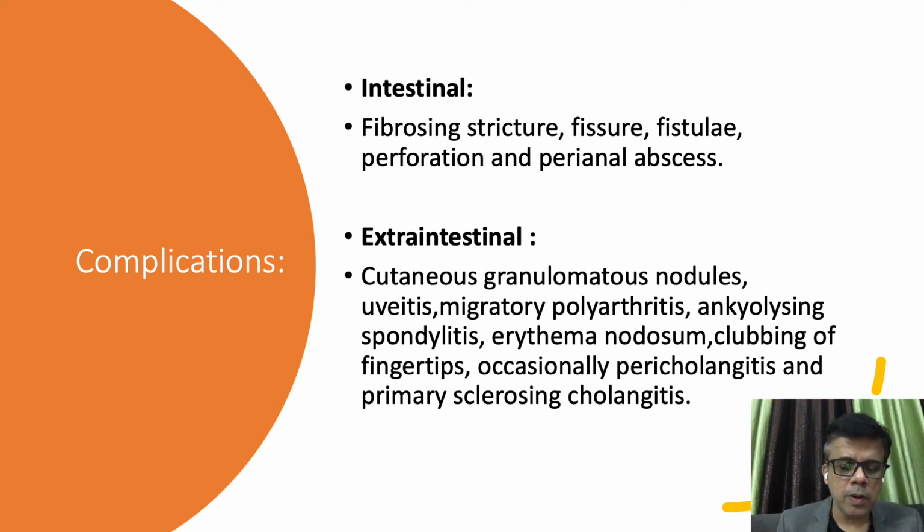Erythema nodosum also forms. Pyoderma gangrenosum is rarer compared to ulcerative colitis. Clubbing of the fingertips is also seen, and pericholangitis and primary sclerosing cholangitis, the biliary tract disorders, are also increased, but much less than in ulcerative colitis. Ulcerative colitis has a much stronger association with these biliary disorders.